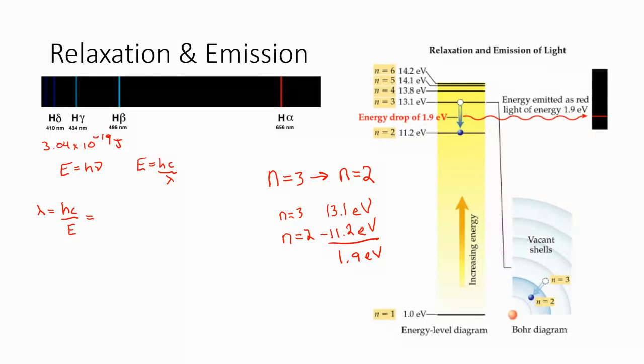And in this particular case, that means I have 6.626, that's Planck's constant, times 10 to the minus 34 joule seconds, times the speed of light, 3 times 10 to the 8 meters per second, divided by the energy, which is 3.04 times 10 to the minus 19 joules.